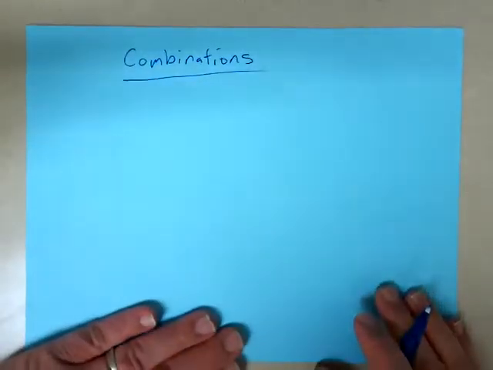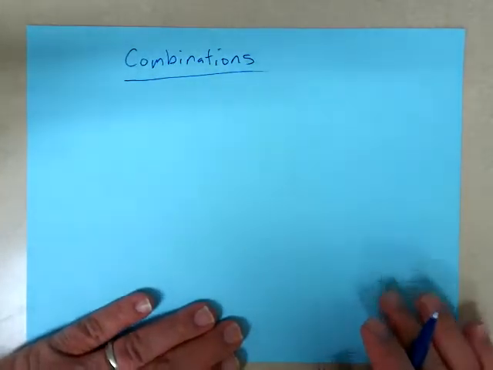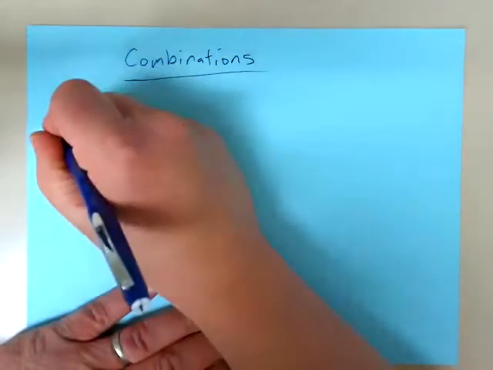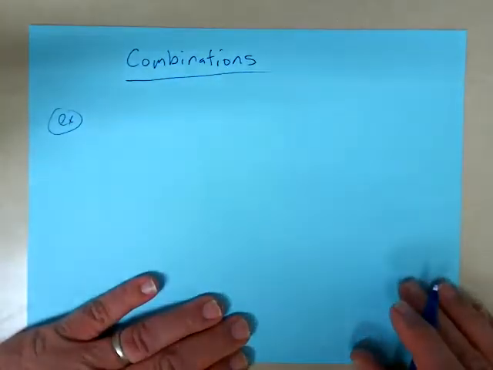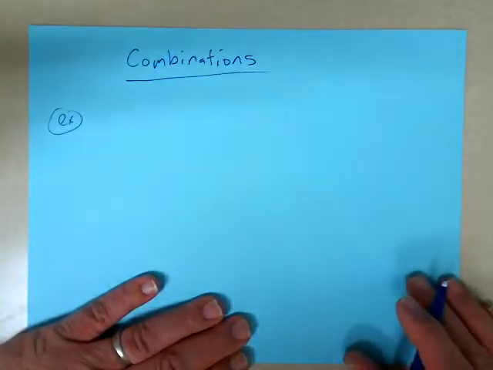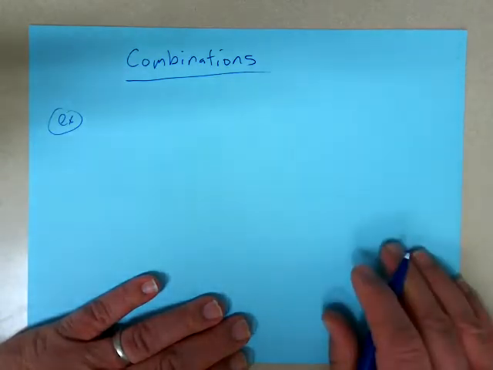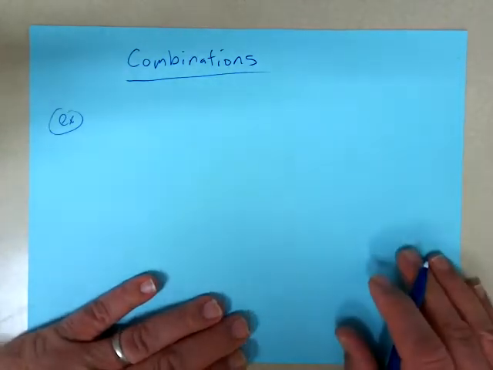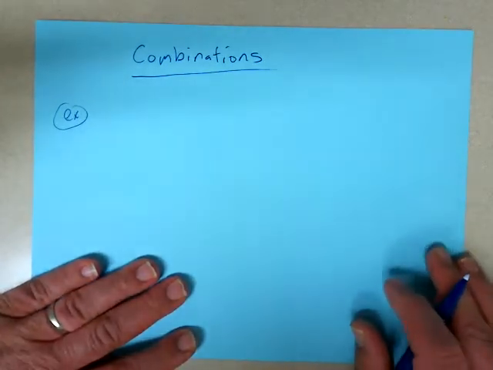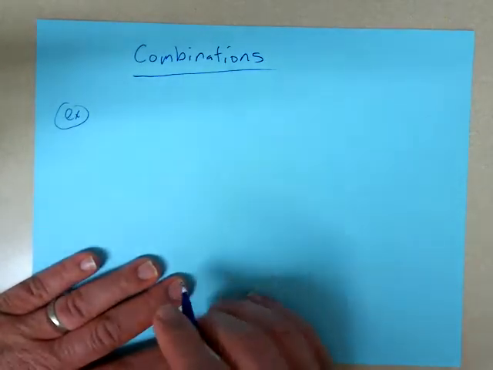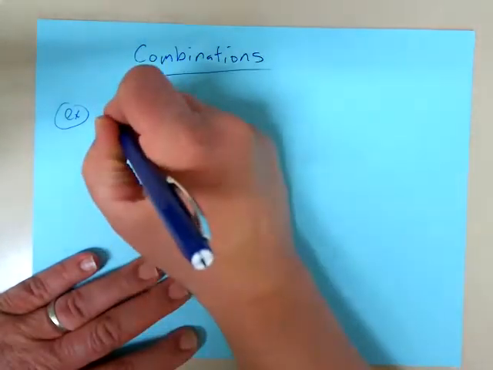Okay? So the idea of a combination here is, let's say our class had 30 people, and I was going to choose 5 people for a study or for a committee or something like that. And so I'm curious, how many ways can I choose 5 people out of 30 people?